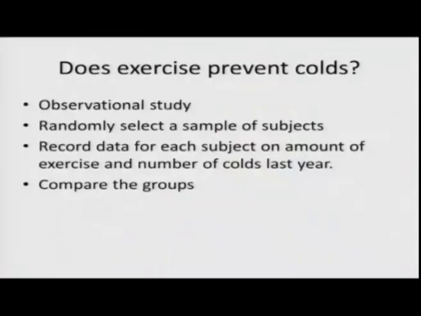So, what you do is you randomly select some people and record data for each subject on amount of exercise and number of colds in a particular span of time. And later on you compare the data and come to a conclusion.